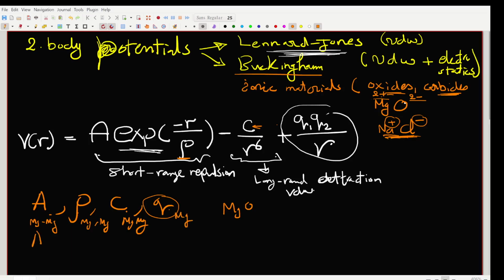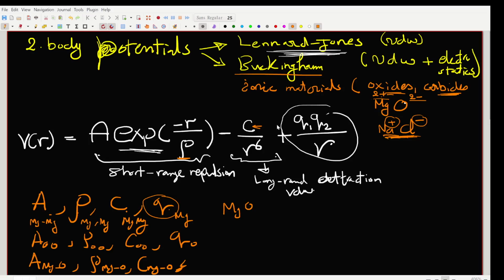Similarly, you would have A for oxygen-oxygen, rho oxygen-oxygen, C oxygen-oxygen, and Q for the oxygen ion, the oxide ion. And finally, there will be also A for the magnesium-oxygen interaction, rho magnesium-oxygen, C magnesium-oxygen, and of course, the Q have been already covered in the previous lines.